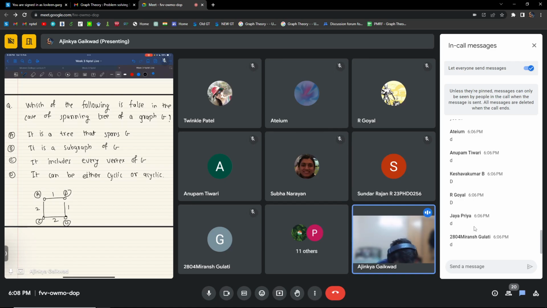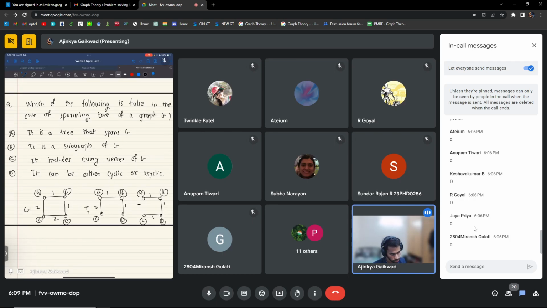So let me draw a minimum spanning tree. So here's a minimum spanning tree. So A, B, C, D, with weights 1, 1, 1, 1, 2. If you see this example, this is my graph G, and let's say this is T1 and this is T2.